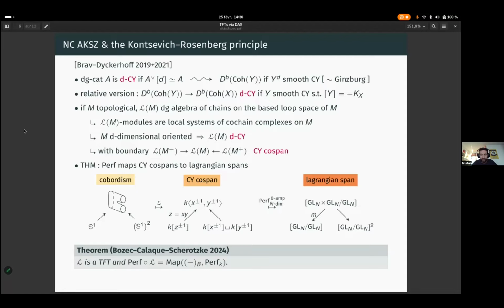Okay, so a small example with our pair of pants here. My DG algebra of chains on the pair of pants is given by two invertible non-commuting variables, x and y. And then if I restrict my perf functor to zero amplitude complexes and n-dimensional complexes, I get something we've seen before with G replaced by GL_n.